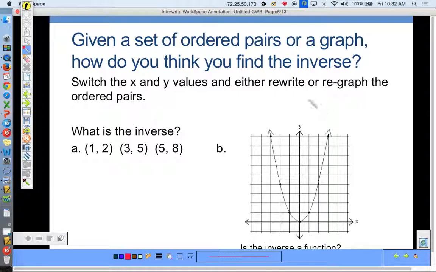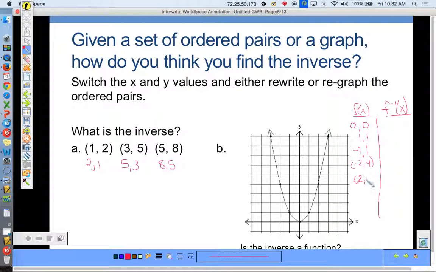Now we're going to talk about how you get these from ordered pairs or graphs. So it's pretty easy here. We can just rewrite this: 2, 1, 5, 3, and 8, 5. There's our inverse. So from a graph, we can write out some coordinates here. So we have the coordinates 0, 0, 1, 1, negative 1, 1, negative 2, 4, 2, 4.